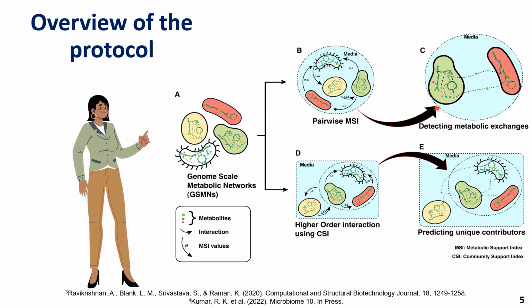By looking at overlapping exchange reactions in the metabolic networks, we'll also be able to predict possible metabolic exchanges in the microbiome. Further, for higher order communities, we will also be able to predict something called unique contributors. These are microbes that have very unique metabolic capabilities in the microbiome.